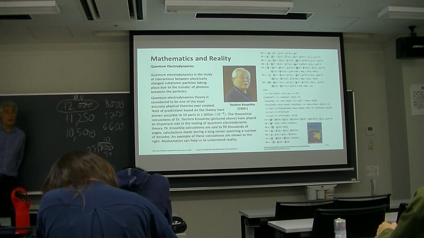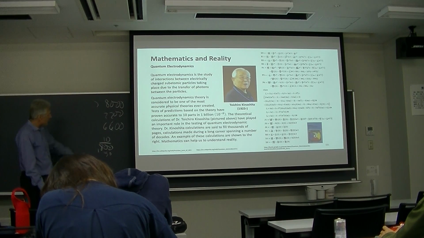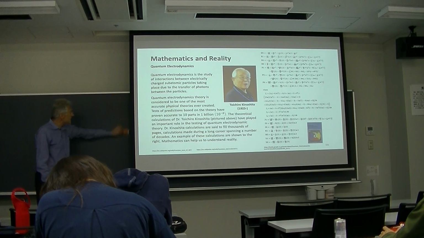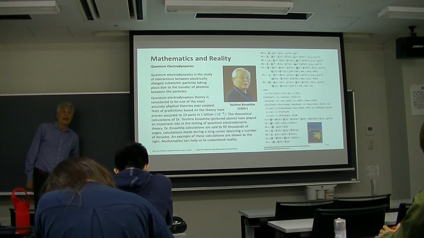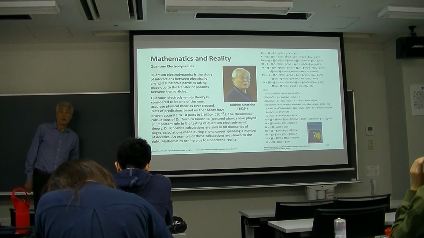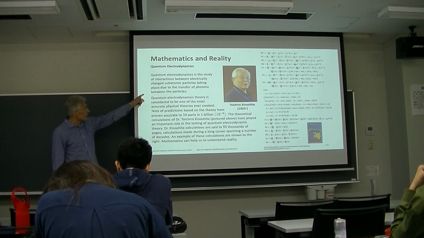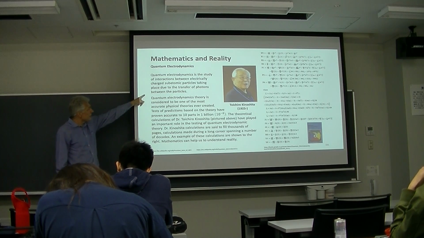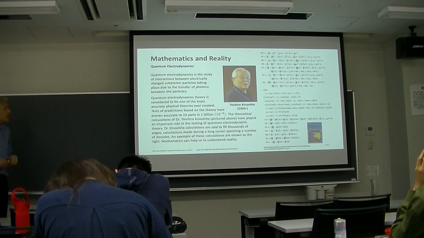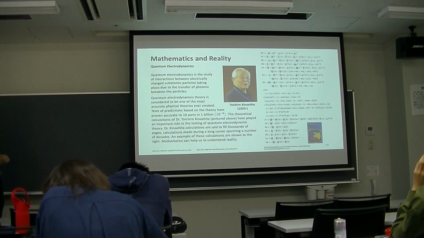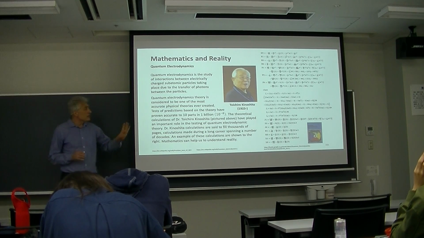Because we're describing reality, and the amazing thing about mathematics is that we can really talk about reality when we build models. The best example of that is quantum electrodynamics, the study of interactions between electrically charged subatomic particles that take place due to the transfer of photons between those particles.